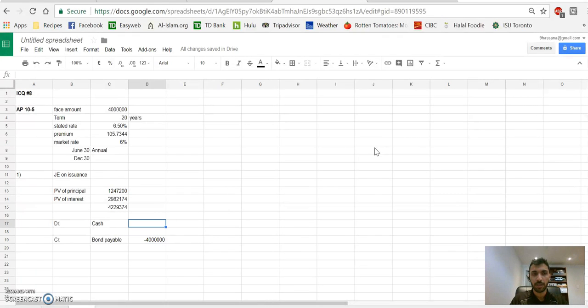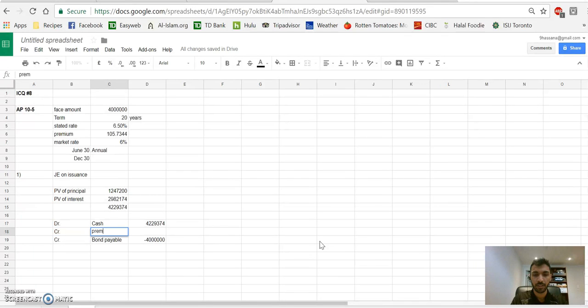Now you know when you debited cash, the cash when you sold the bond is the cash you are receiving. So when you sold the bond, you are going to get this amount of cash because this is what your bond was priced at. Right? So it's 4,229,374.